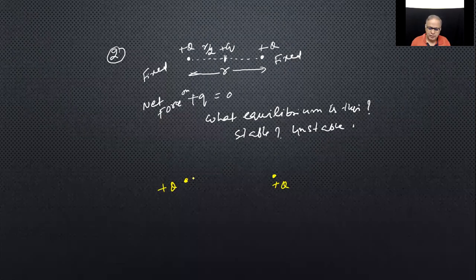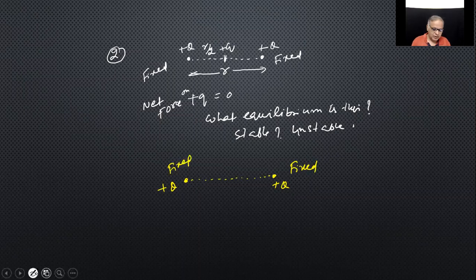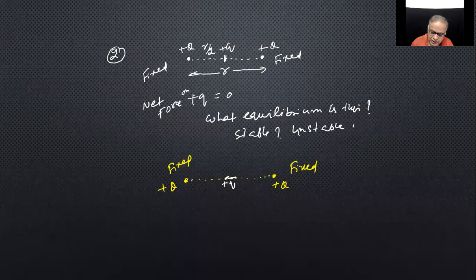Now they are fixed, I told you. I don't know whether you understand the meaning of fixed, but I'll wait for you to say anything. Now plus q here, when I place, the net force on that is 0. Simply displace it along the line slightly.